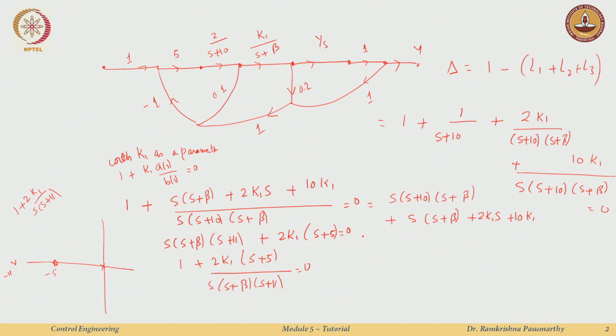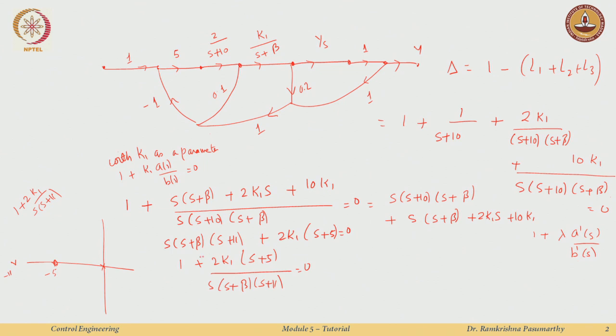Okay. Now, when k is fixed and lambda is varying, I just again look at this entire expression, and now I want to write it in terms of a transfer function where I have 1 plus lambda times some other polynomial a prime s divided by some other polynomial b prime s. Okay. So, again I can write it down in a fairly straightforward way.